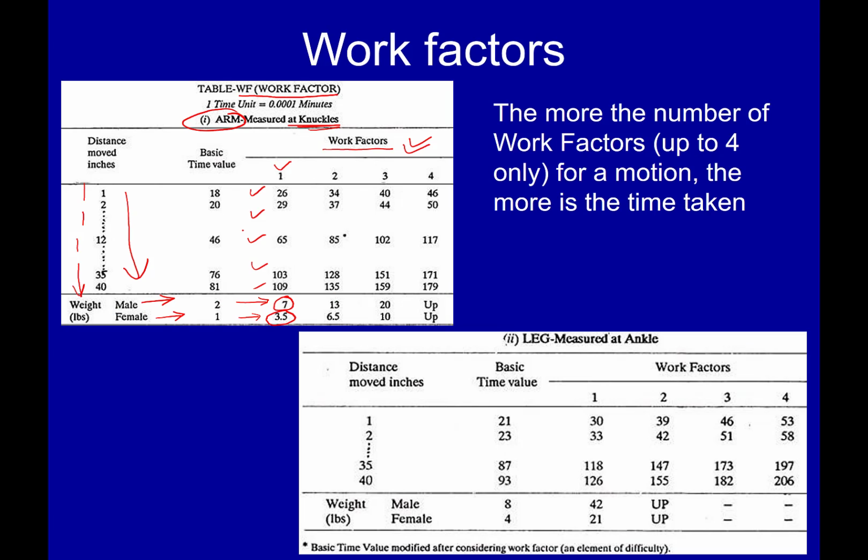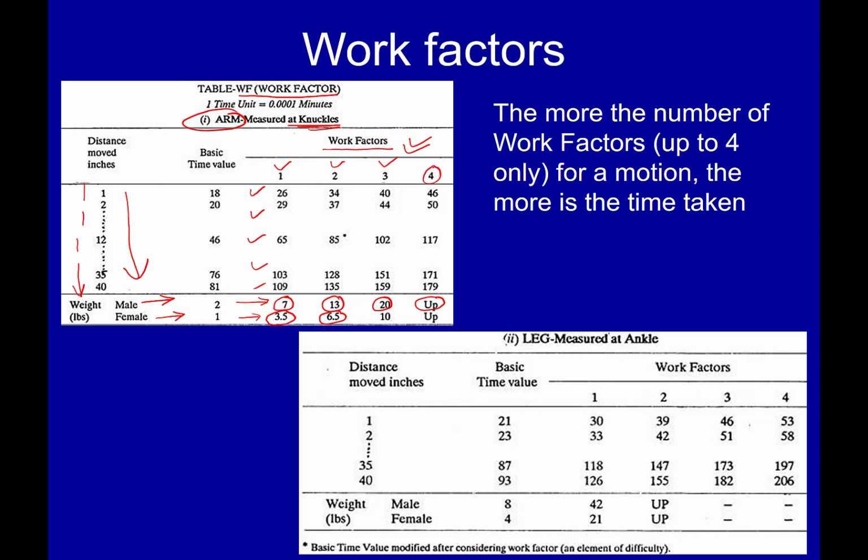When the weight to be handled by the arm is up to 13, the work factor is 2; for a female it is 6.5, work factor 2. Likewise, weight up to 20 pounds by a male is work factor 3, and greater than 20 pounds is work factor 4.